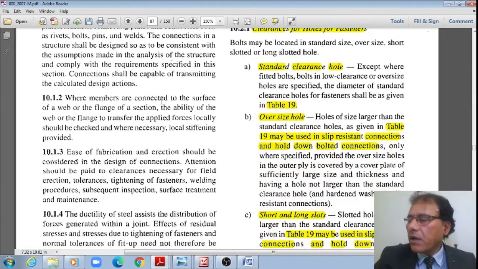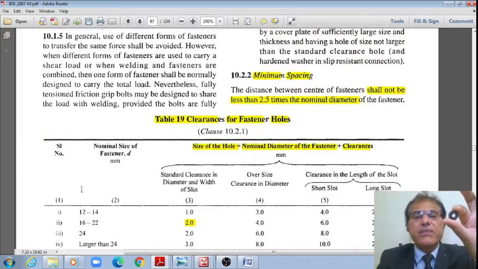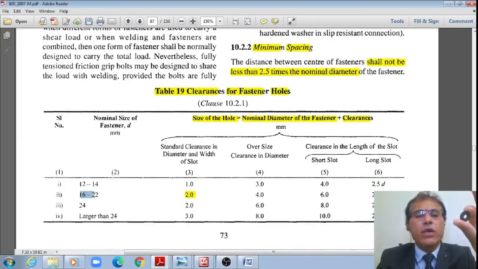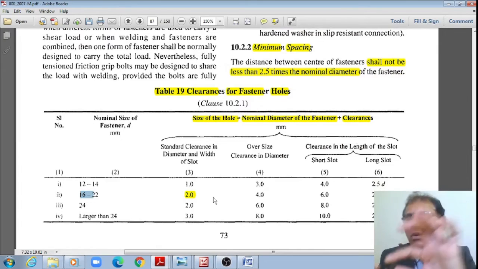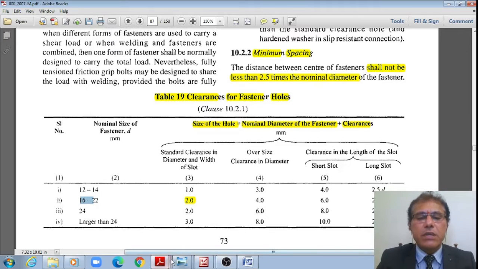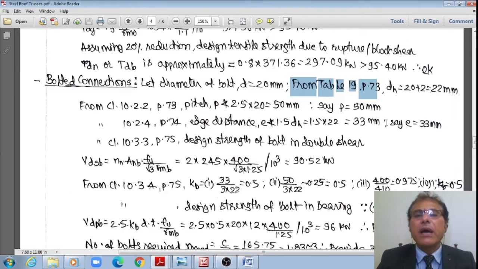Once the diameter of the bolt is 20 mm, you can see that for standard bolt holes of 16 to 22 mm, the diameter of the hole should be 2 mm more. That is what I am doing, just adding 2 mm to get the diameter of the hole as 22 mm.